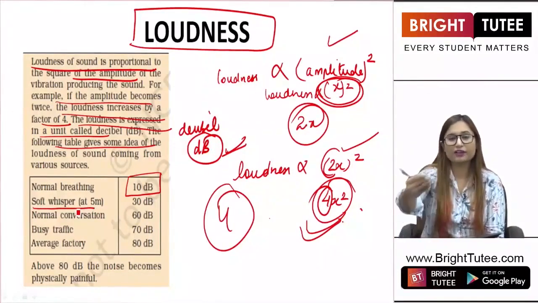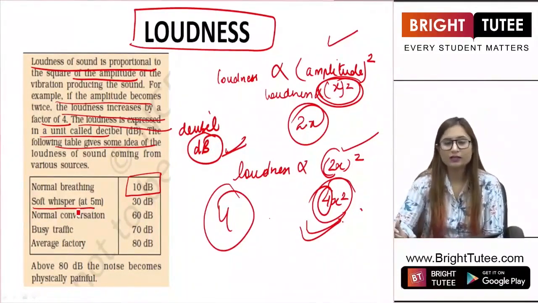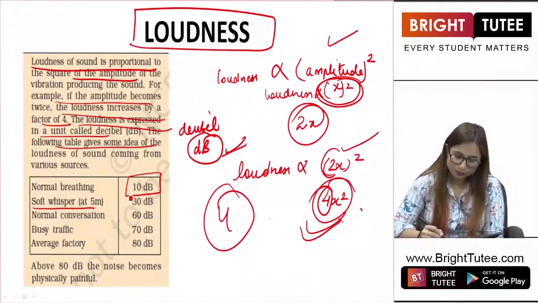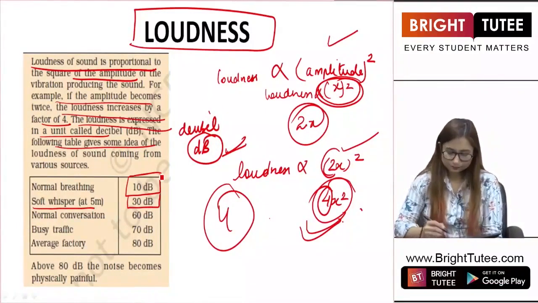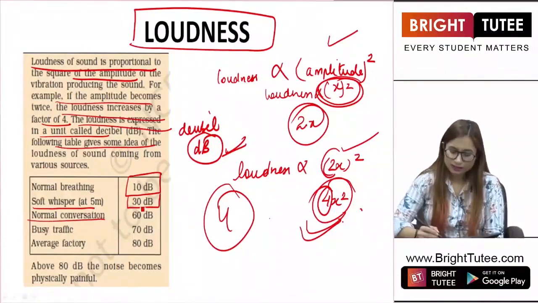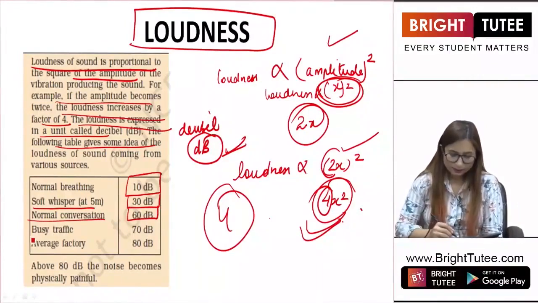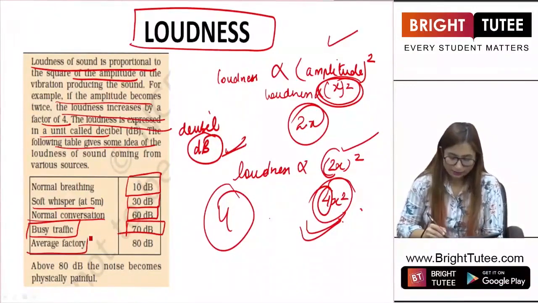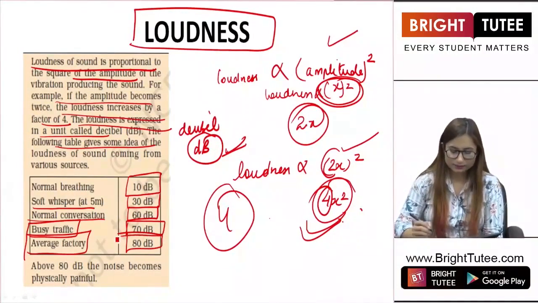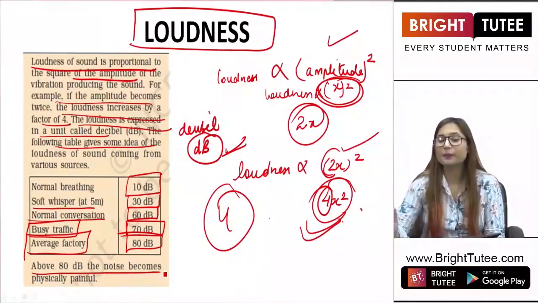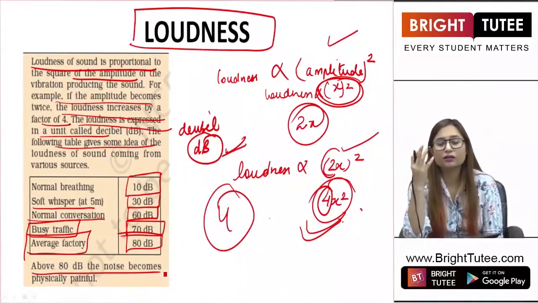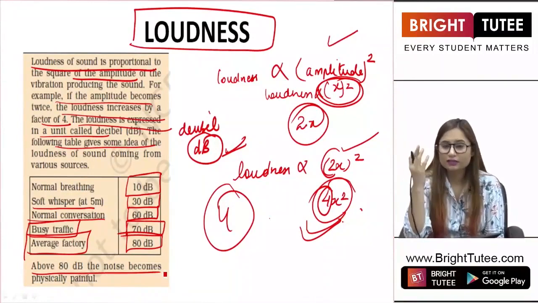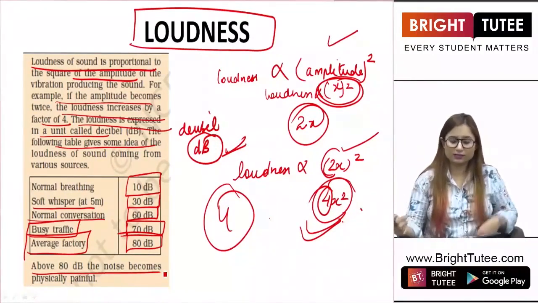If I am standing 5 meters away from you and I whisper softly, then the sound produced will be of 30 decibels. Then normal conversation is about 60 decibels. Then busy traffic is 70 decibels and average factory is 80 decibels, right? Above 80 decibel, the noise becomes physically painful. Above 80 decibels, it is not pleasant to hear that sound. It becomes noise for us, right?